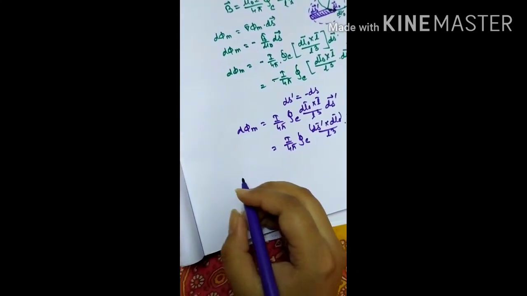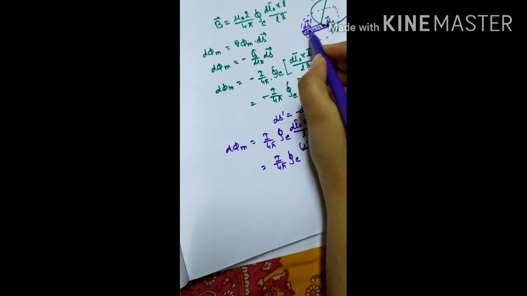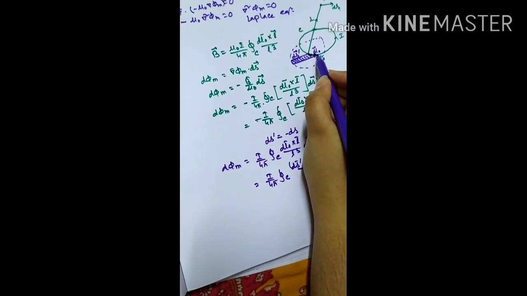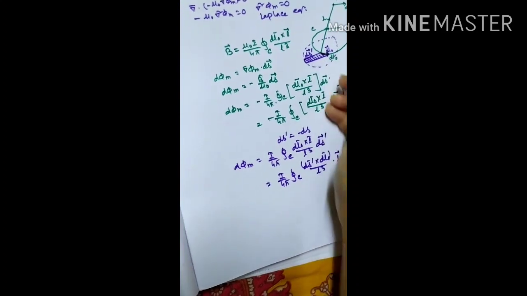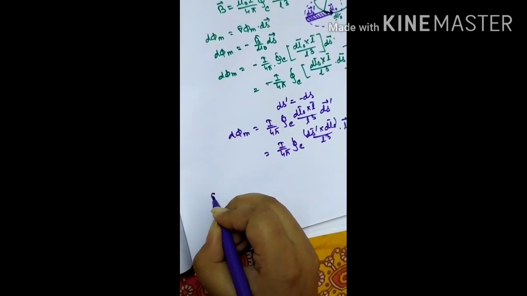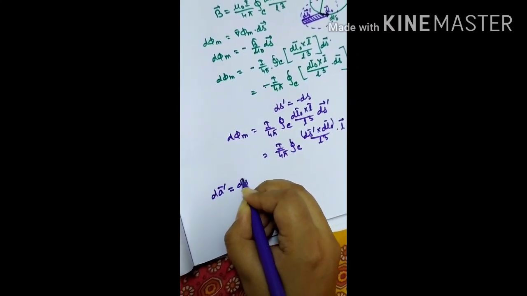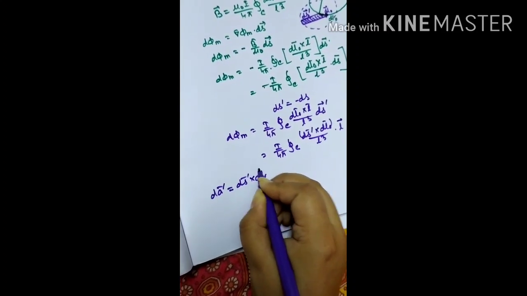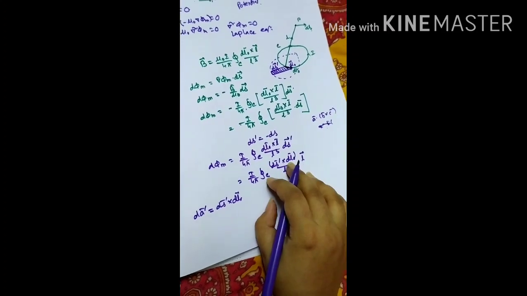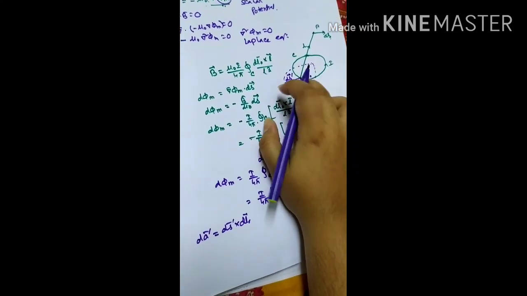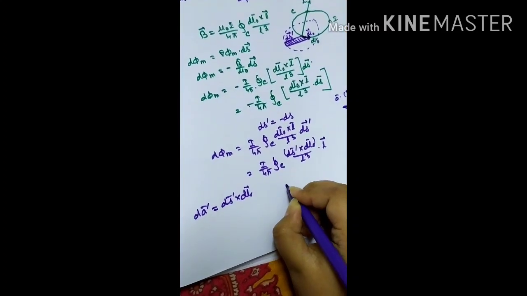Now we know the solid angle, and here this ds is the length and this is the breadth, dl0. So we get a small area, dA prime, where dA prime equal to ds prime cross dl0. Here we get a small solid angle, the solid angle subtended at P due to this area dA prime. So what is this solid angle?